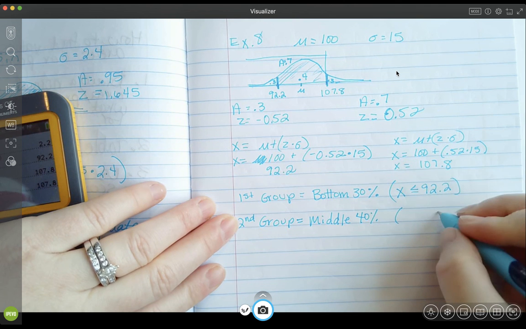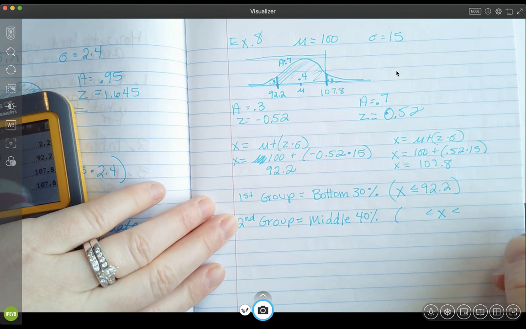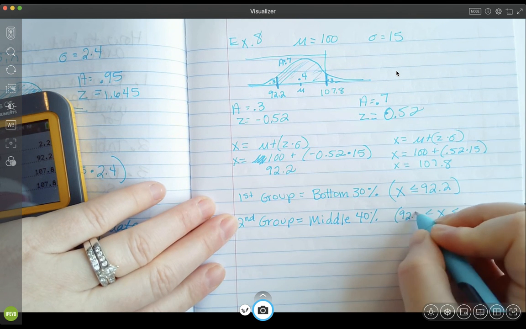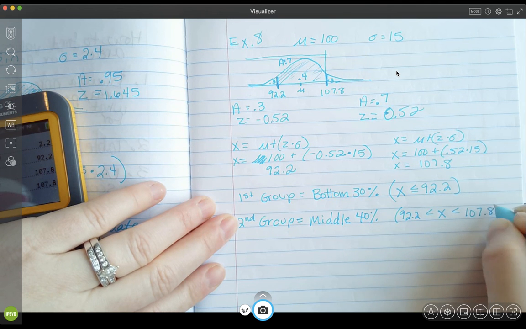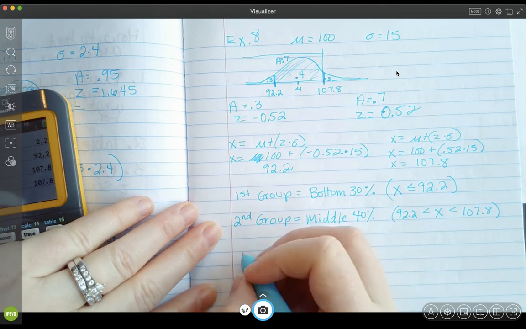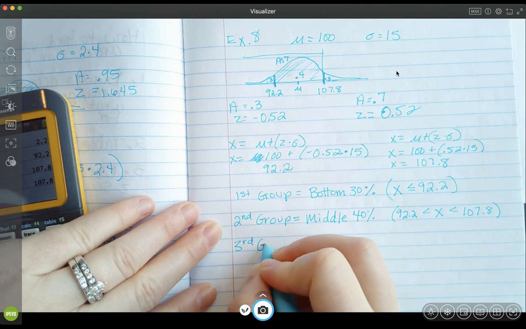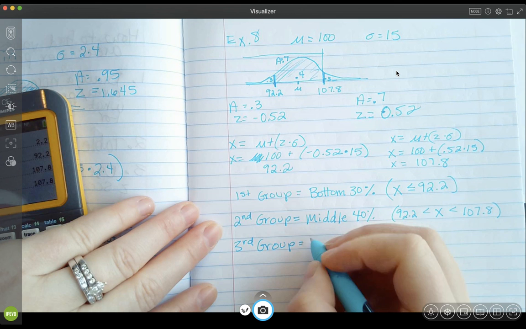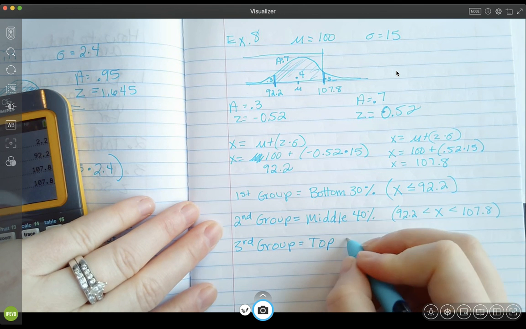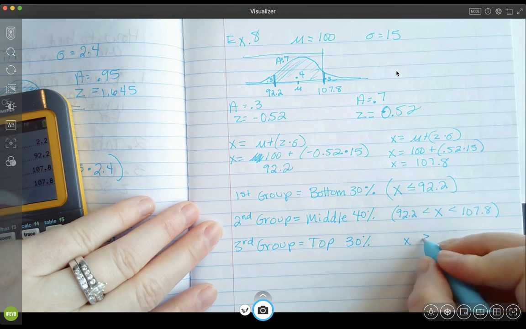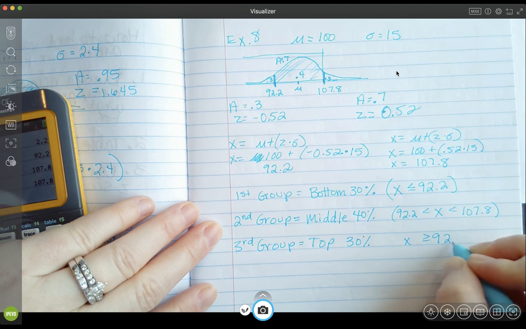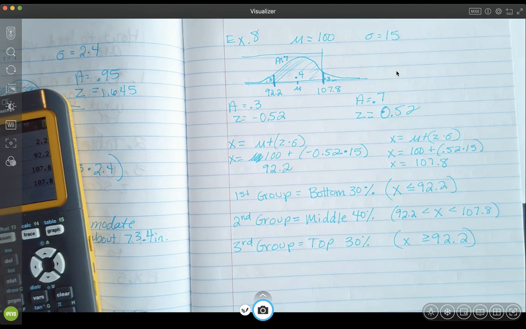That's whenever x is between the 92.2 and the 107.8. And then your third group is your top 30%. That is when x is greater than or equal to 107.8. So those are your three groups.